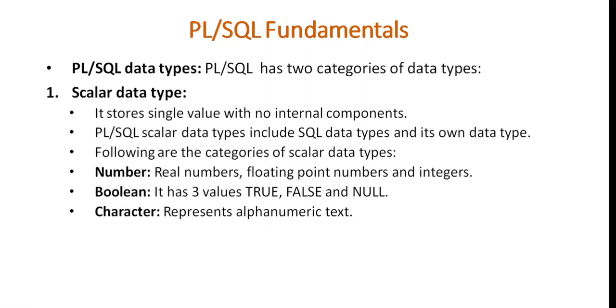So these are some of the examples of character type of scalar data type. Then we have date time. Date time scalar data type is used to represent date and timestamp values in PLSQL program. So out of all these scalar data types, Boolean, character, or date, these are the data types which are also there in SQL language. Okay, so scalar data type, this is the first category of PLSQL data type.